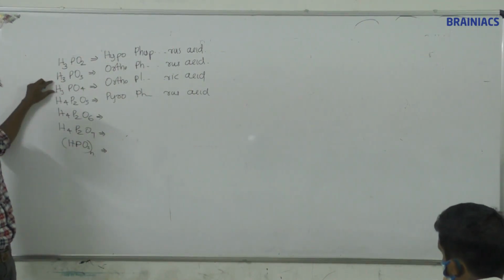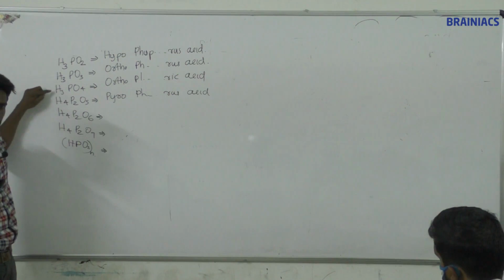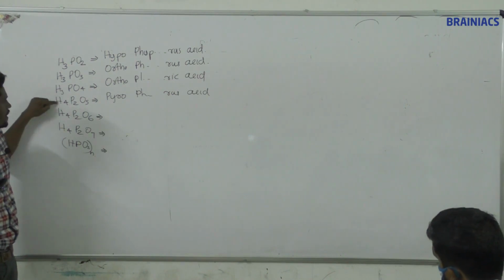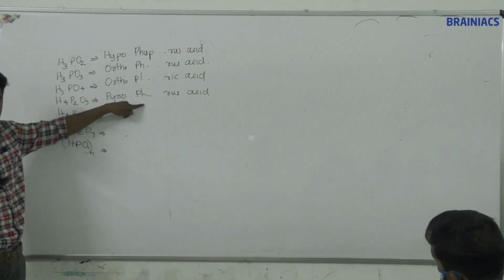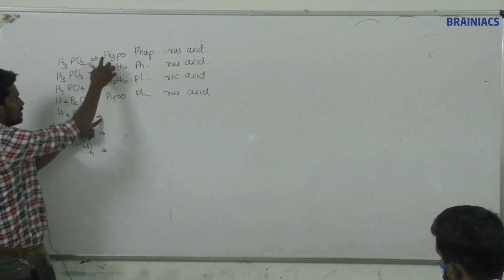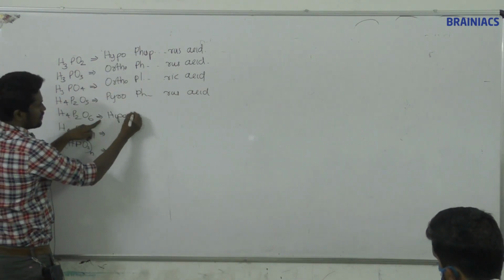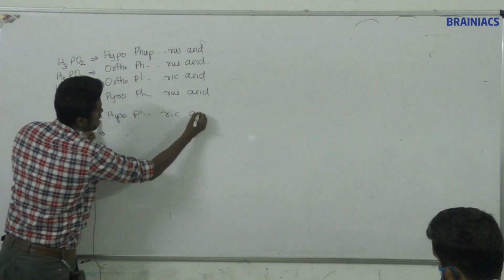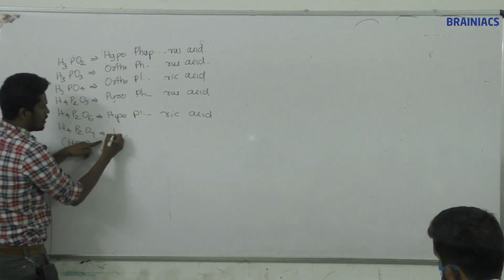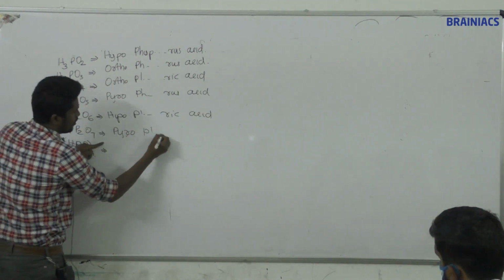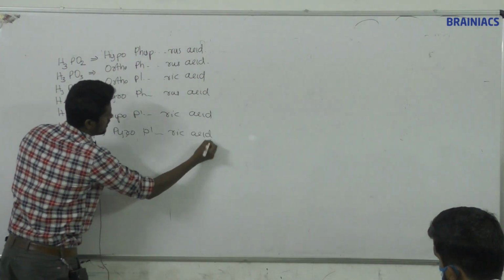H3PO3 and H3PO4 are orthophosphorous and orthophosphoric. Next one is hypophosphoric acid, and the next one is pyrophosphoric acid.